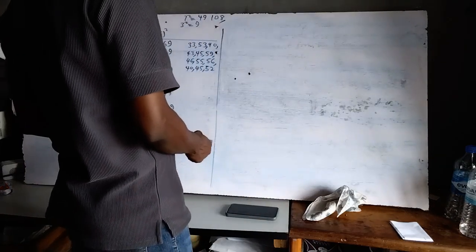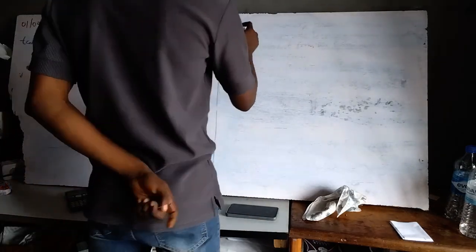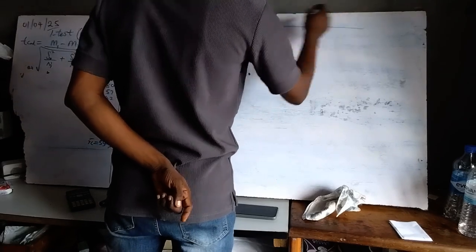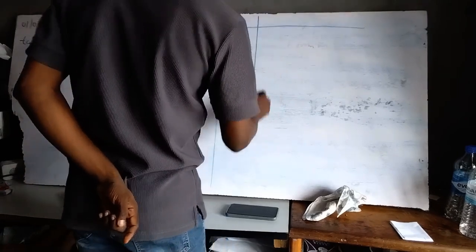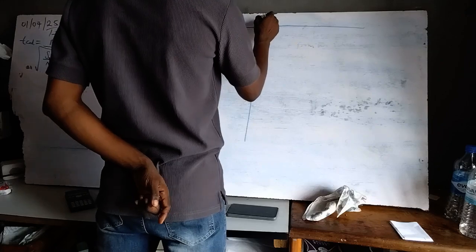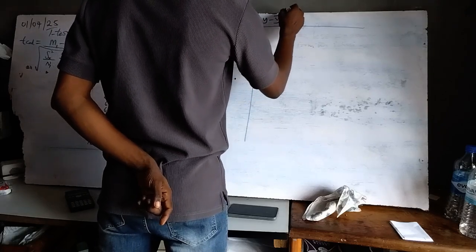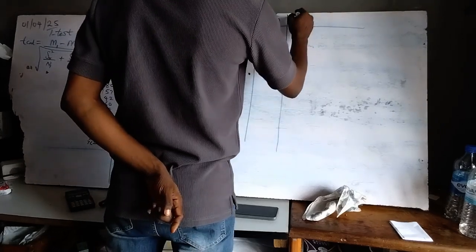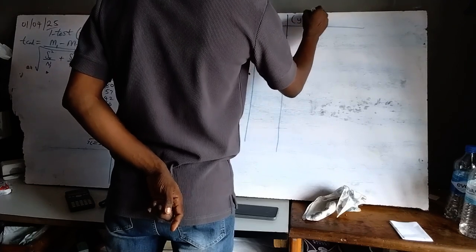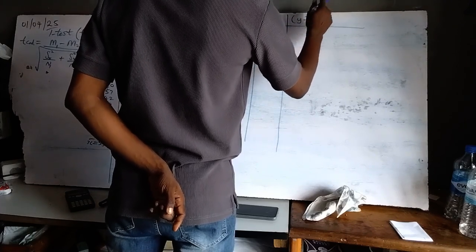So now let's get our y. This is y minus y bar, and y minus y bar all squared.